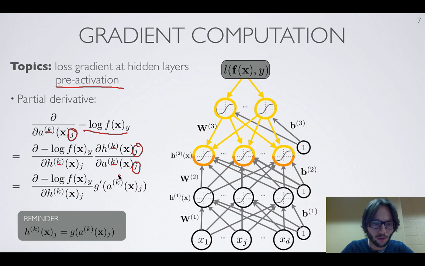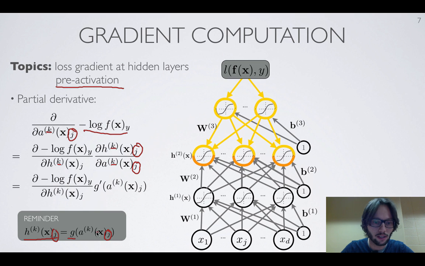So in this case, I don't have a sum, and that's because the jth activation in a layer does not depend on the pre-activation of the other units in that layer. It's just a nonlinear function, the activation function, applied on the jth pre-activation of the pre-activation vector.